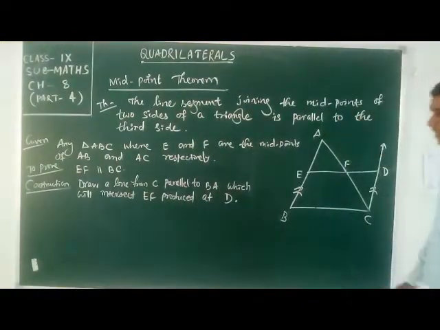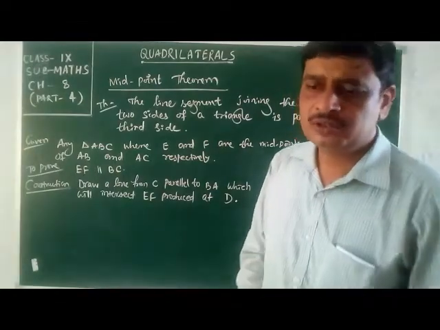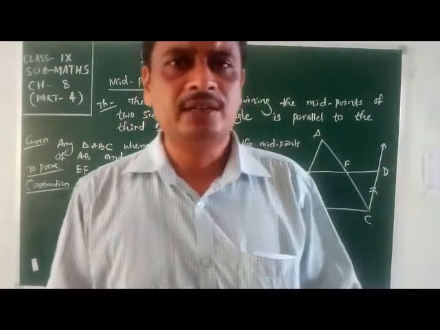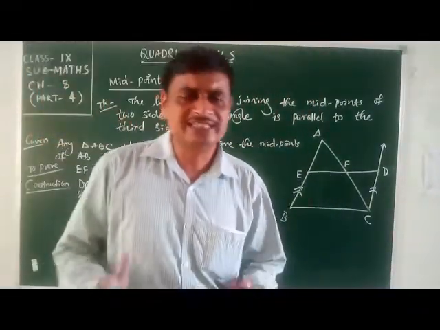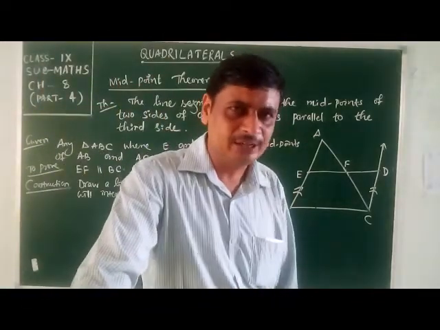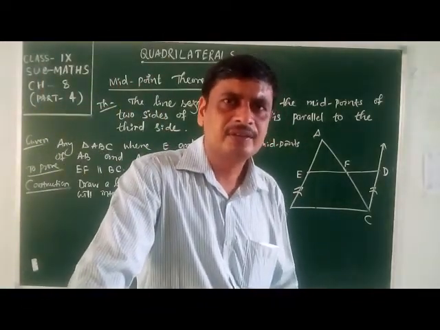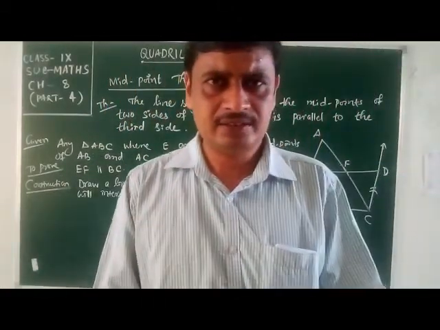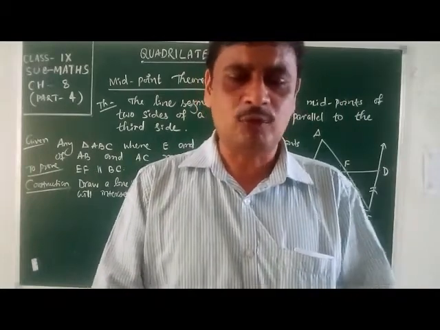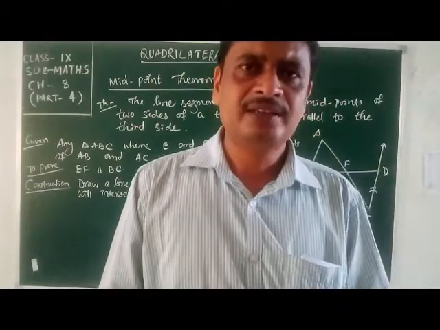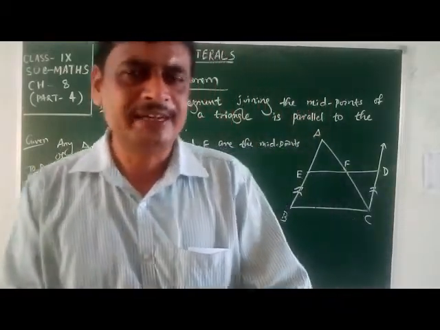To make any quadrilateral a parallelogram, if we can show both pairs of opposite sides are parallel to each other, then it becomes a parallelogram. Or if one pair of opposite sides are equal in length and also parallel, then the quadrilateral is said to be a parallelogram.